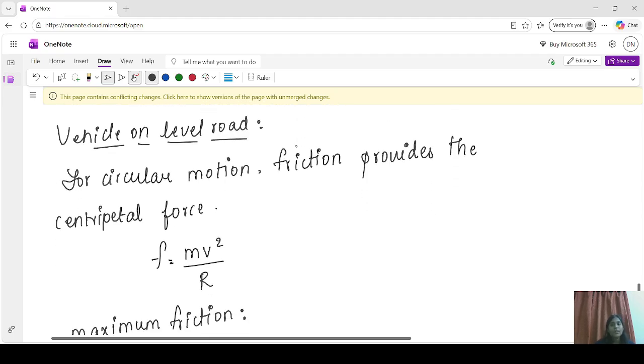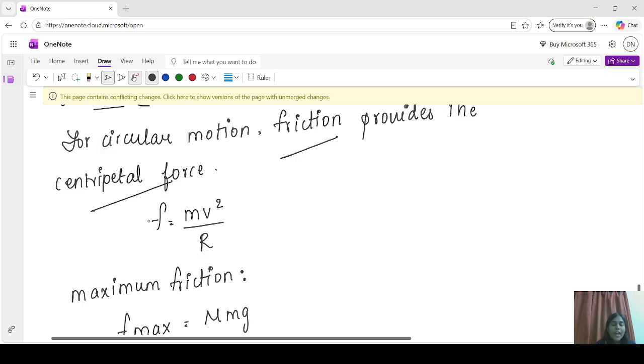Now, let us take an example of a vehicle on a level road. For circular motion, friction produces the centripetal force, right? And what is the formula? The maximum safe speed would be v. Now, we already know the formula of the centripetal force, that is F is equal to mv square by r.